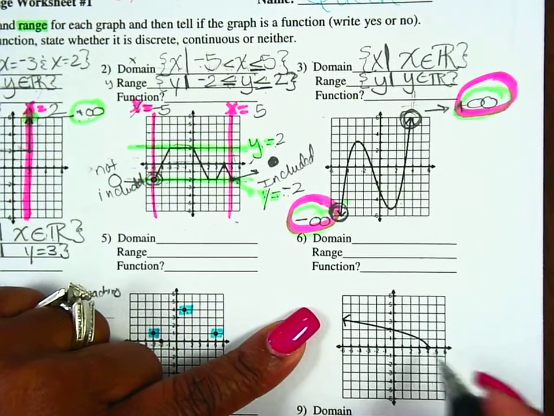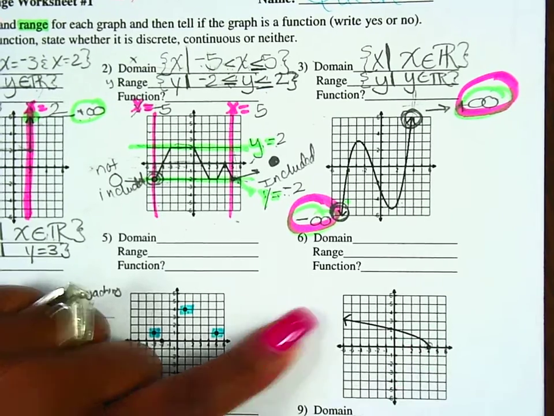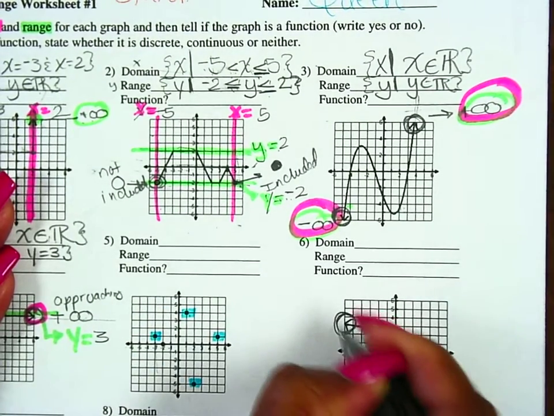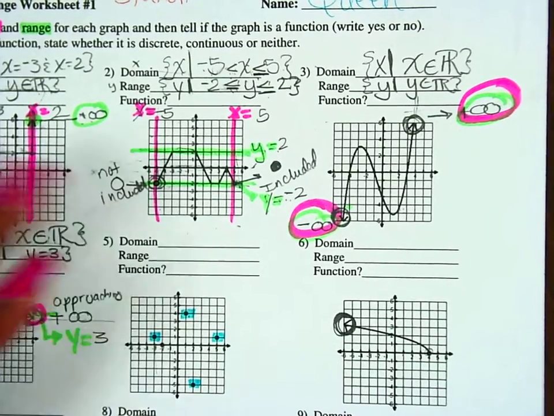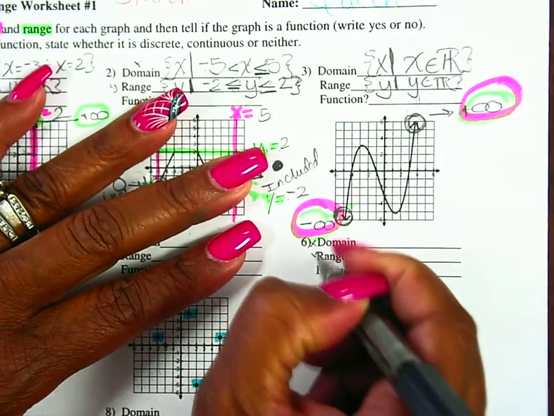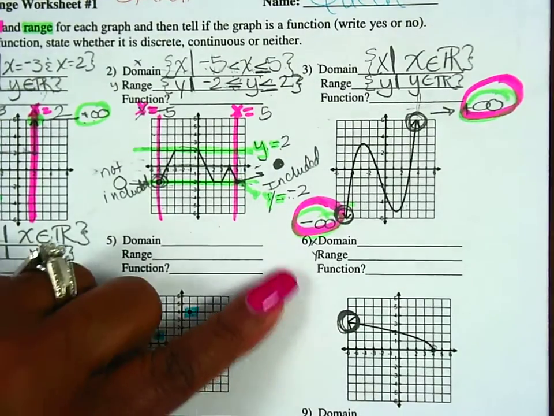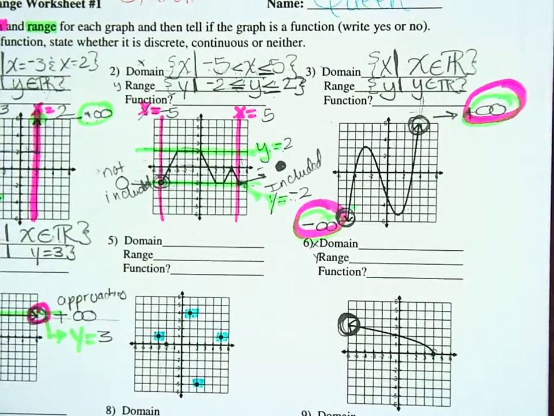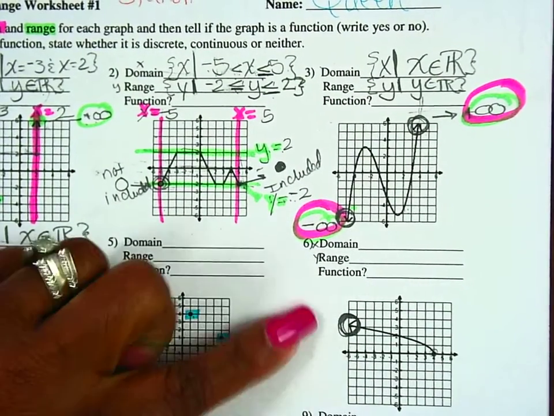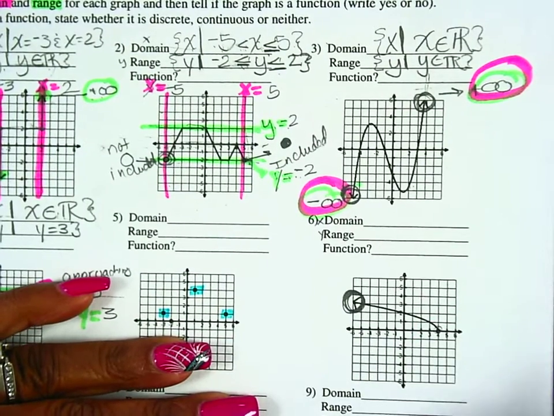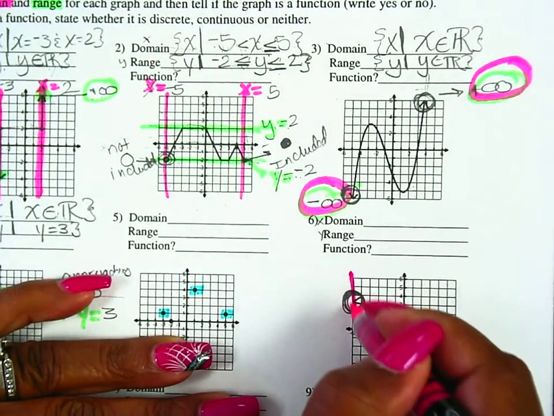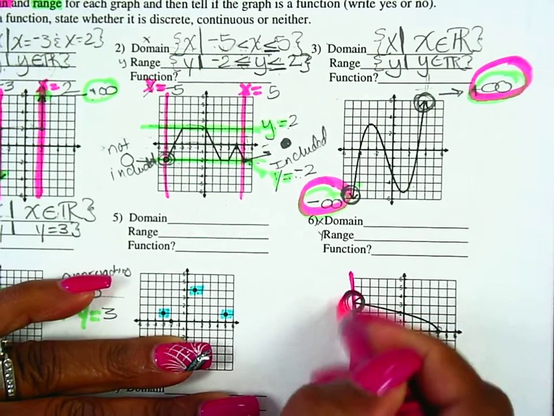Okay, we have a point here, and then we have an arrow there. So let's do domain and range for this, x, y. This is a continuous function. For the x, I'm looking at how far to the left does it go and how far to the right. Now, if you look here, it's an arrow.